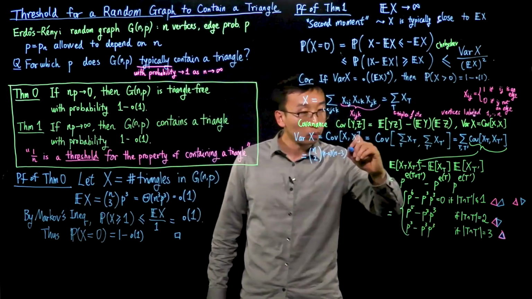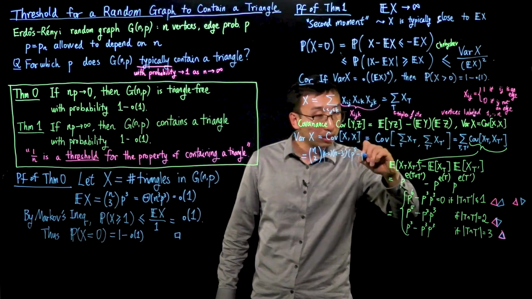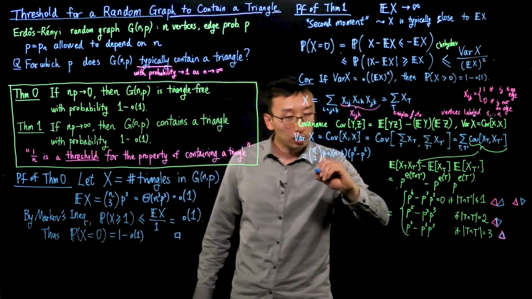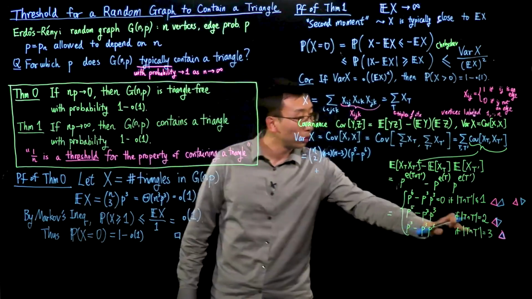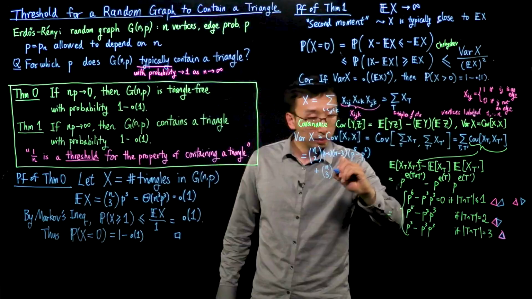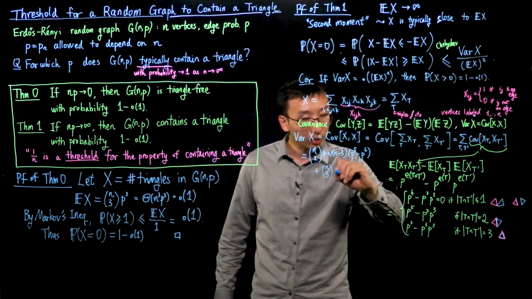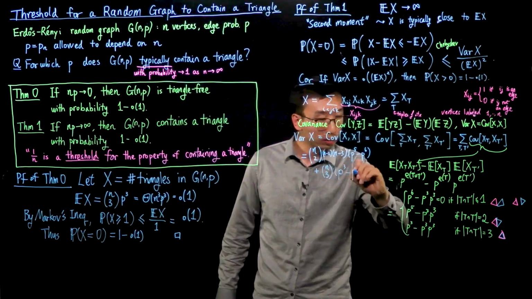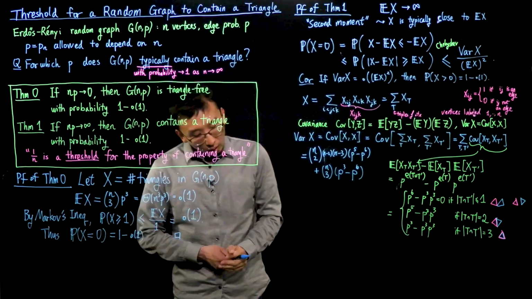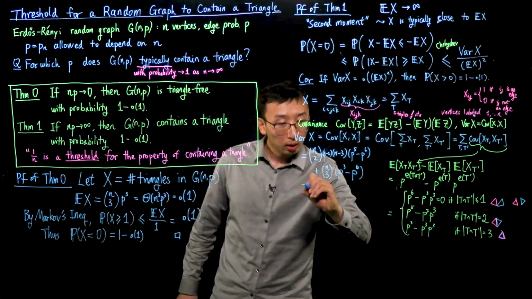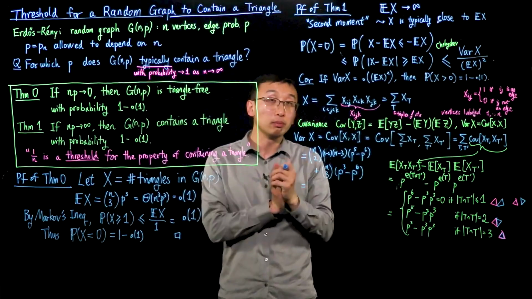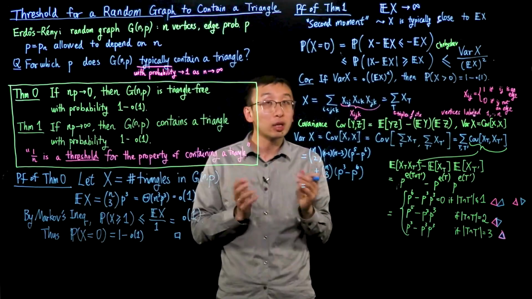In this case, we have p to the 5 minus p to the 6. And then the third possibility contributes n choose 3 times p cubed minus p to the 6th power. This is some expression, and we only need to get some bounds, so we can play around with asymptotics and not think about constant factors.